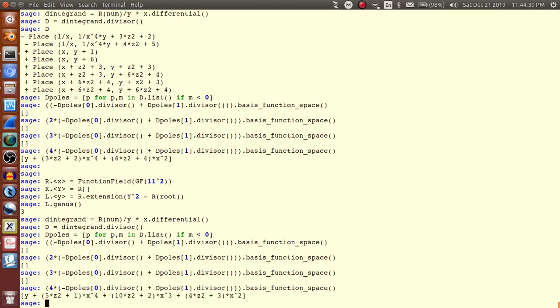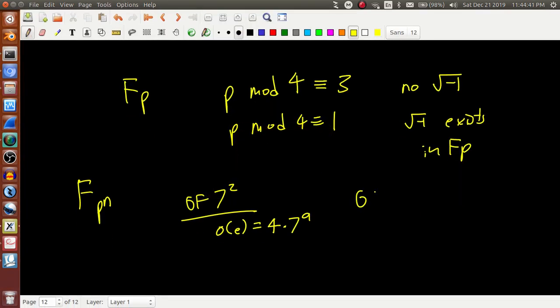And there it is, 4. So now we also know that in GF 11 squared, 121, the order of E is 4 times 11 to the A.